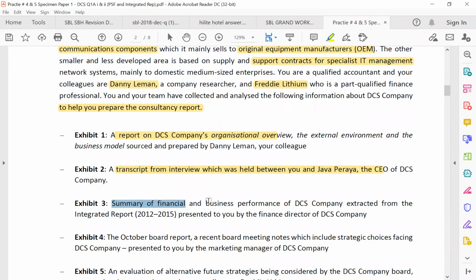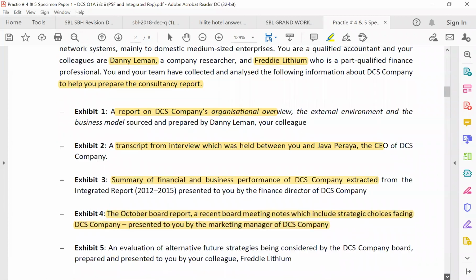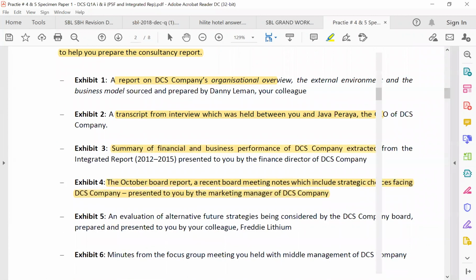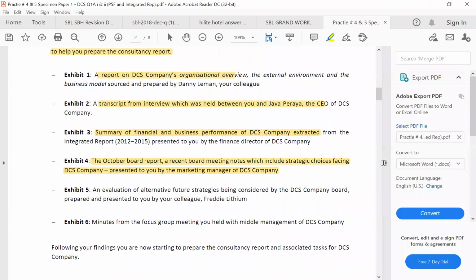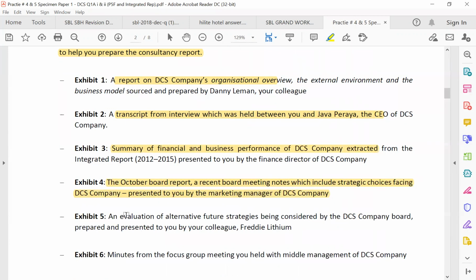Exhibit number 3 is the financial and business performance of DCS company. Exhibit number 4 is the October board report, recent meeting notes, which include the strategic choices facing the DCS company. Exhibit number 5 is an evaluation of alternative future strategies being considered by the DCS board.